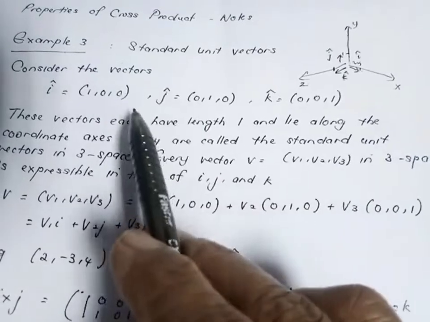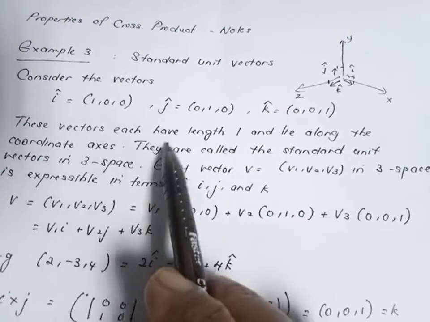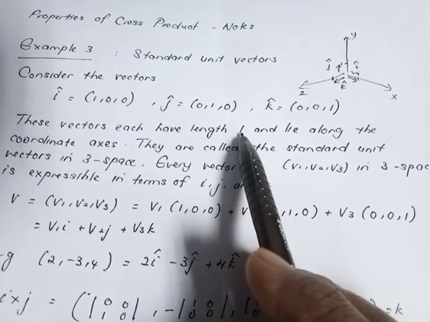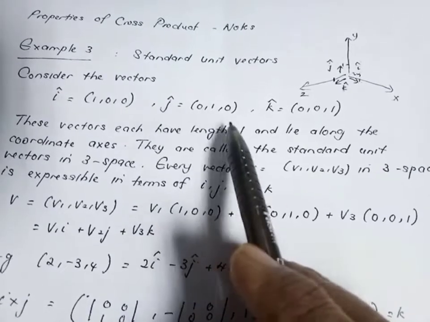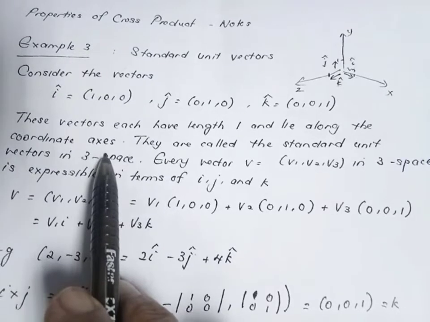Okay, these are the standard unit vectors. Each vector has length 1, so this is standard. The length of a unit vector is always 1 and lies along the coordinate axis.